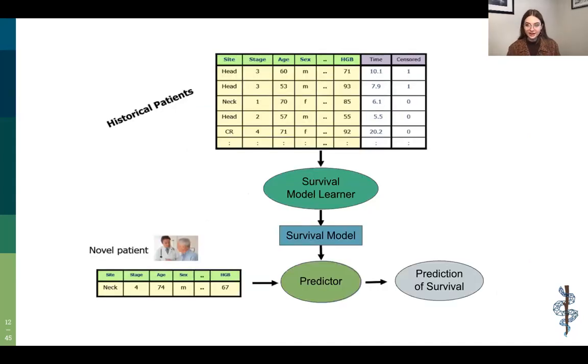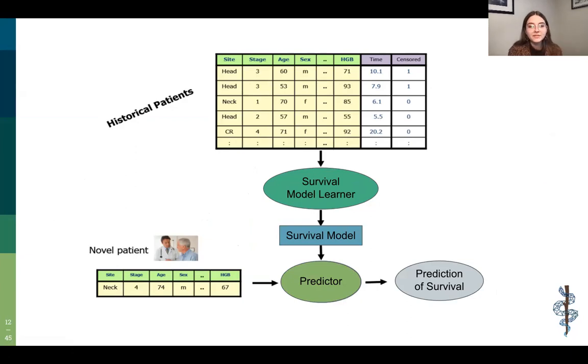So here is a flow chart, a general overview of what we want to do in this field. We have this data set of historical patients. We want to feed this data to a survival model learner. This will create a survival model for us. Once we have a new patient coming in, we don't have their time until some kind of event, and we don't have a censor value for them.